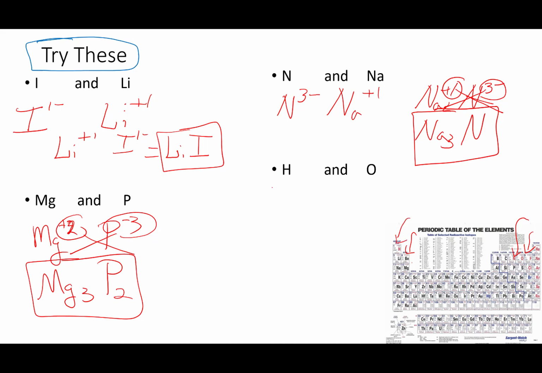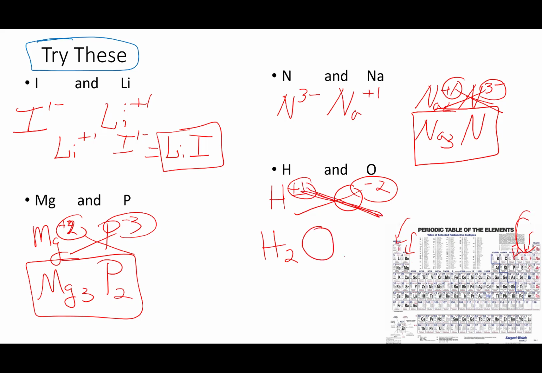Hydrogen's in group 1, so it's going to be +1. Oxygen's group 16. Most common ion there is -2. The positive is written first, crisscross. H, the 2 comes over. Notice no plus or minuses. The O, the 1 comes over. And do we write 1s as subscripts? Never, ever, ever. And hey, hot diggity, we just made water, H2O.